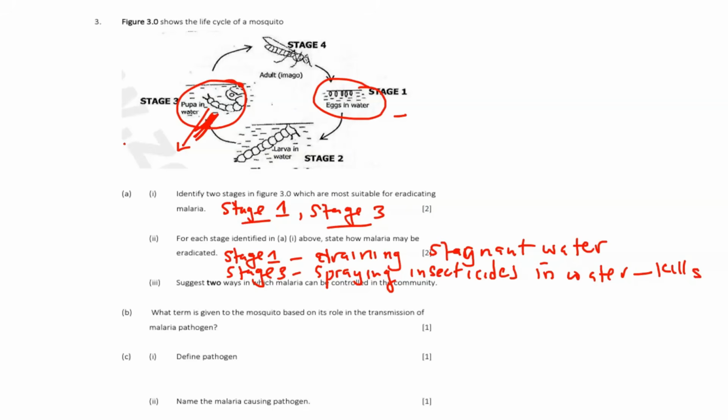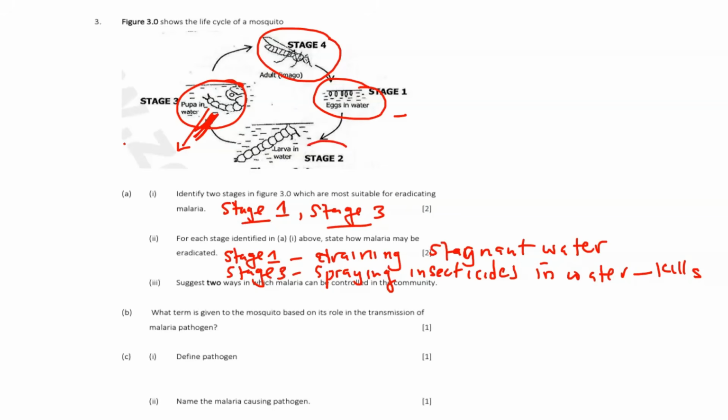Why I have not chosen stage 4 is because stage 4 is already an adult mosquito, so transmission has already started occurring. So it's very challenging for you to eradicate malaria at this stage. Although at this stage you can eradicate malaria, it is not as effective or most suitable compared to 1 and 3.